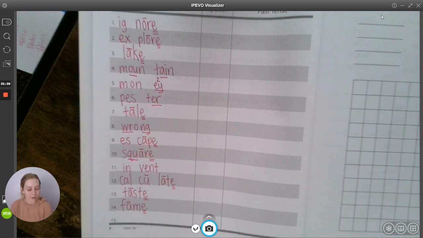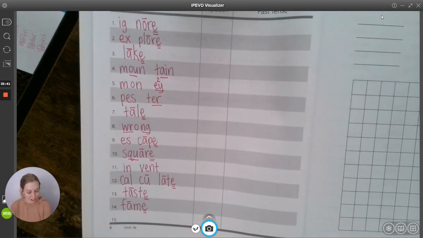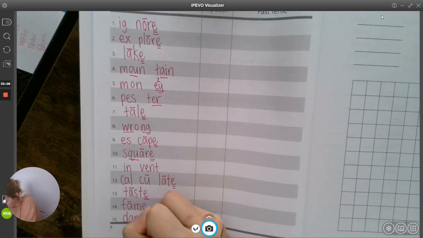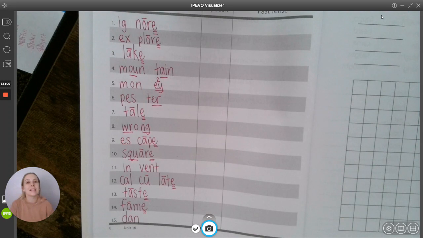And last one, number 15, danger. There is a lot of danger involved in skydiving. 2 syllables in danger. First one is Dane. Let's sound it out. D, A, finger spell. D, A. Second syllable is jur.